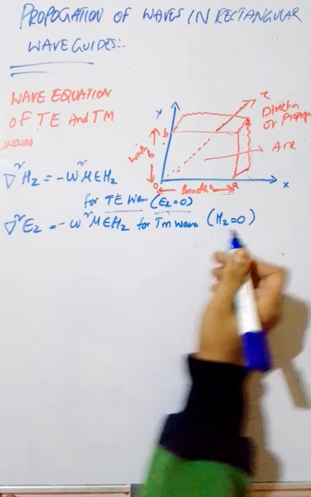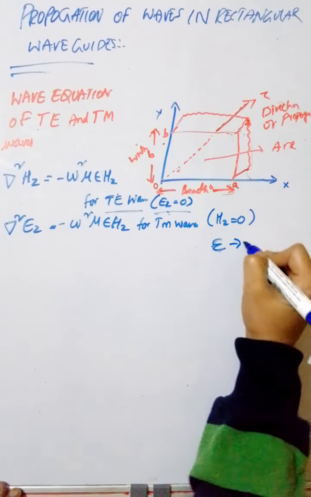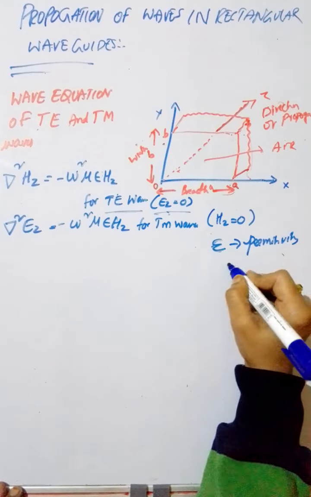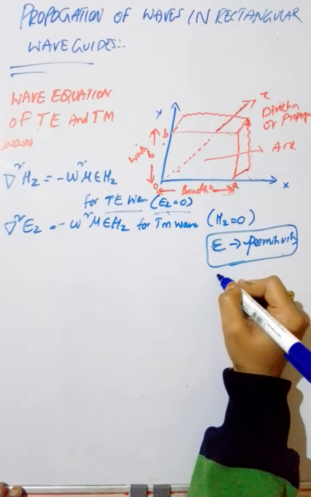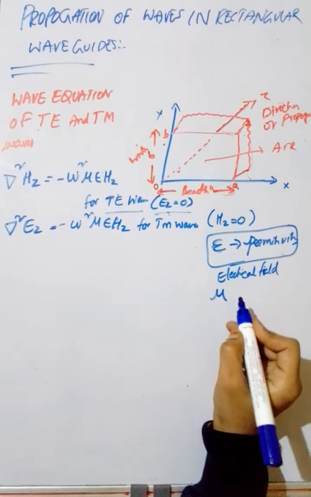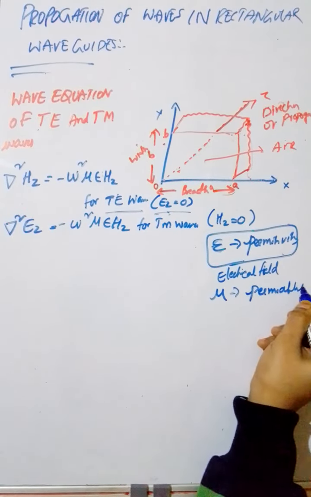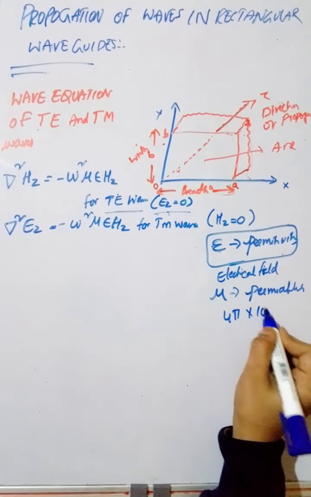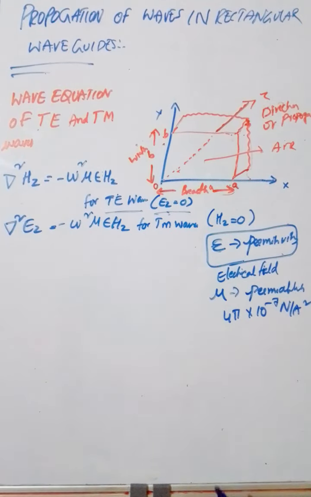Here epsilon is the permittivity, or the availability of stored electrical energy in the electric field, whereas mu is the permeability, that is 4 pi into 10 to the power of minus 7 henry per meter.